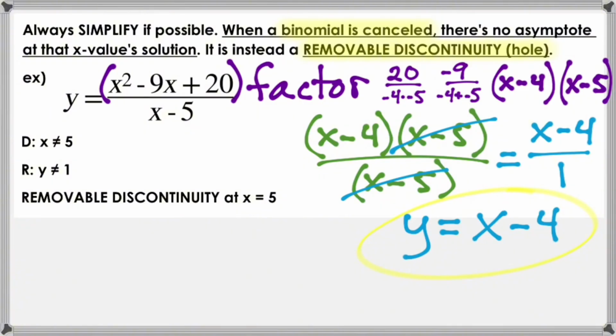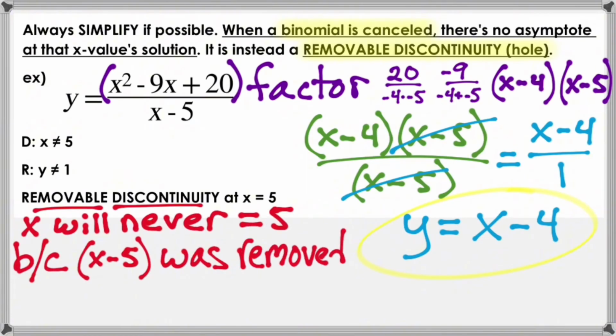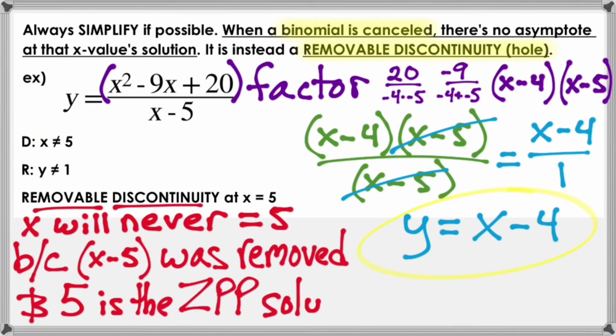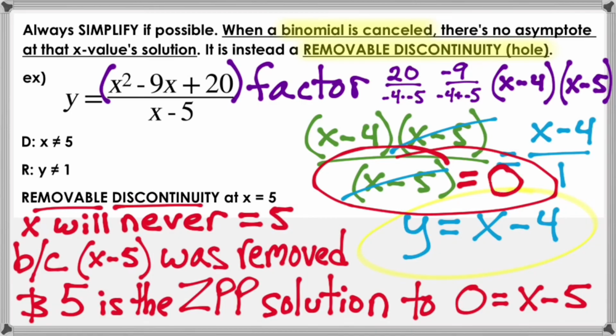But this is where the removable discontinuity concept comes in. Because you canceled out x minus 5, you will never be able to plug in the solution of positive 5. Remember, from the zero product property, you would set x minus 5 equal to 0 and add 5 to both sides, and you would get a solution of positive 5.